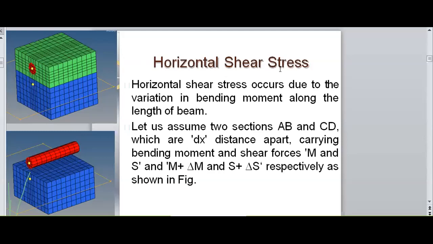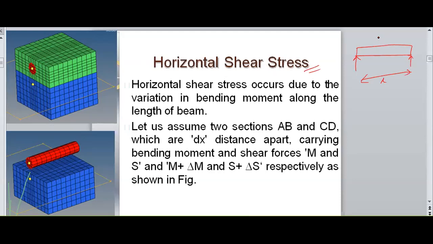Here a horizontal shear stress needs to be developed and we need to derive it. So here I am considering a beam whose length is L.